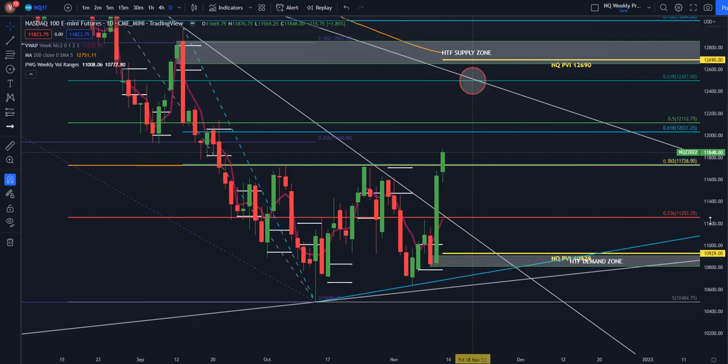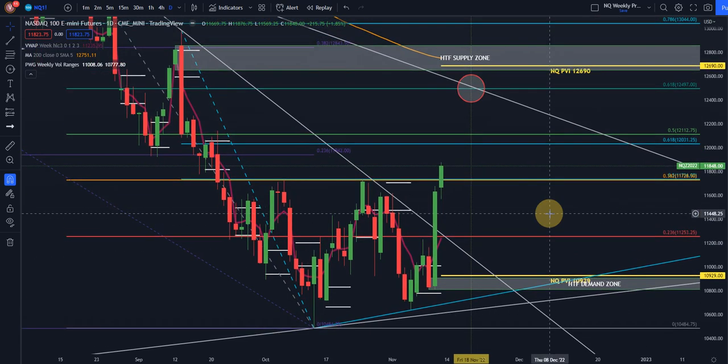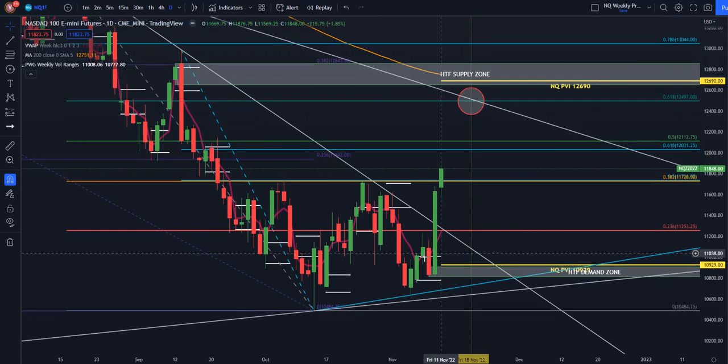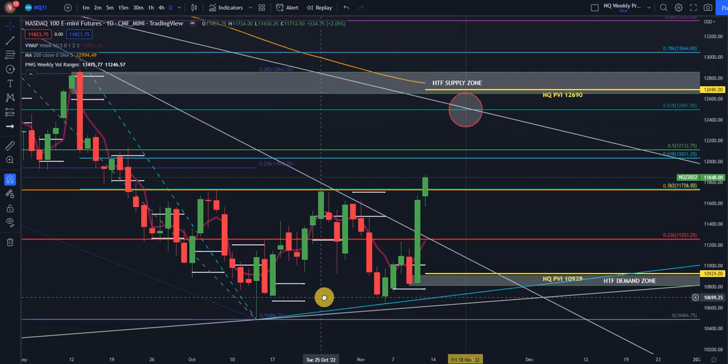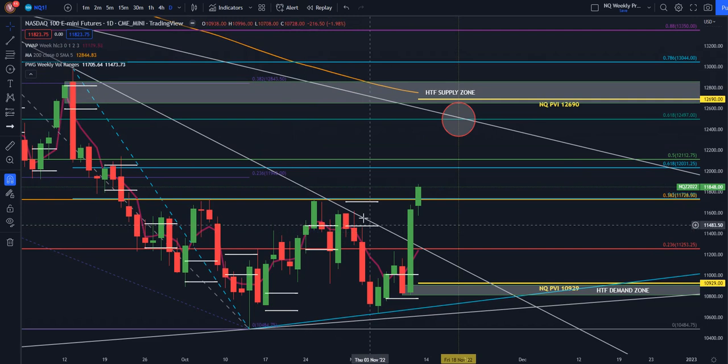And so now this is how I pretty much go into the week with, okay, here's my chart. This is what I'm thinking. I've got my higher time frame supply demand zones. As soon as the futures open, in a few minutes, I'll be able to put in my PWG levels on a weekly basis.